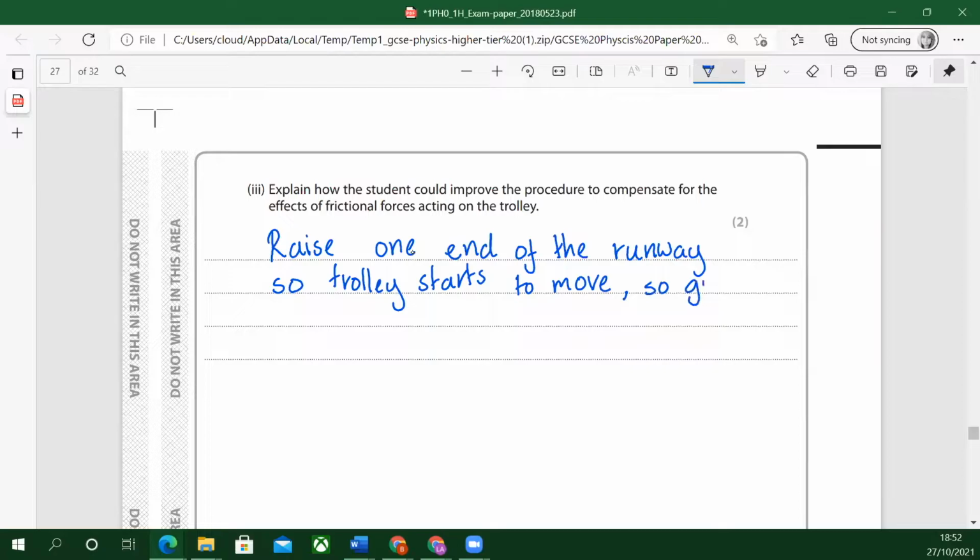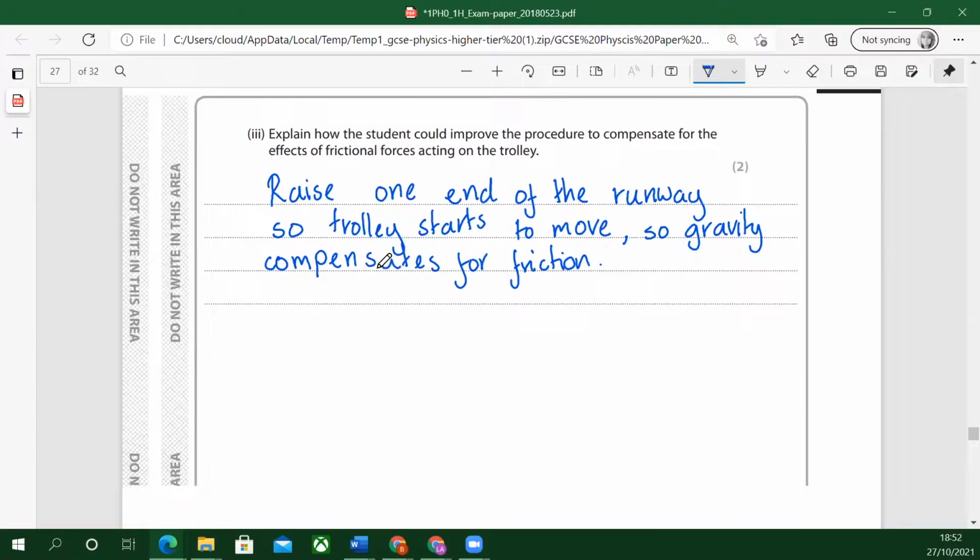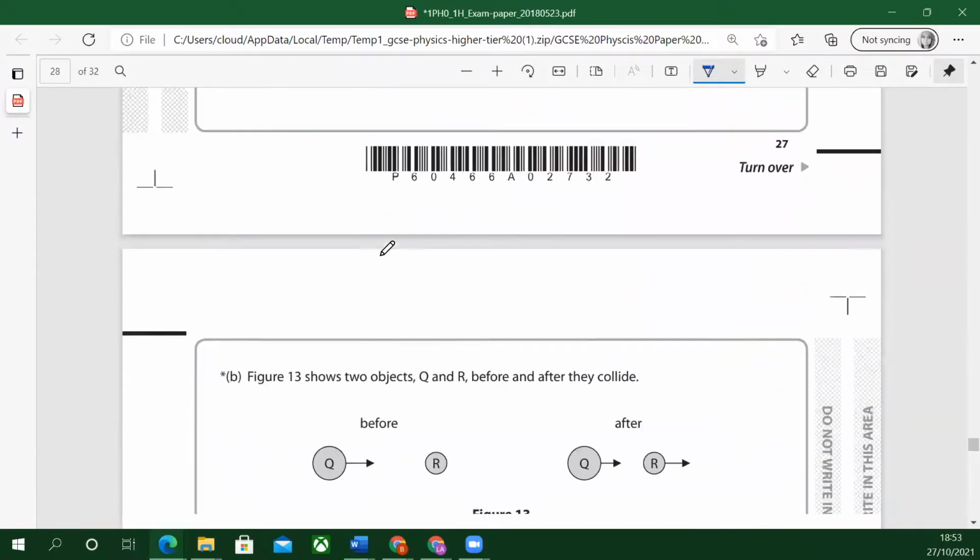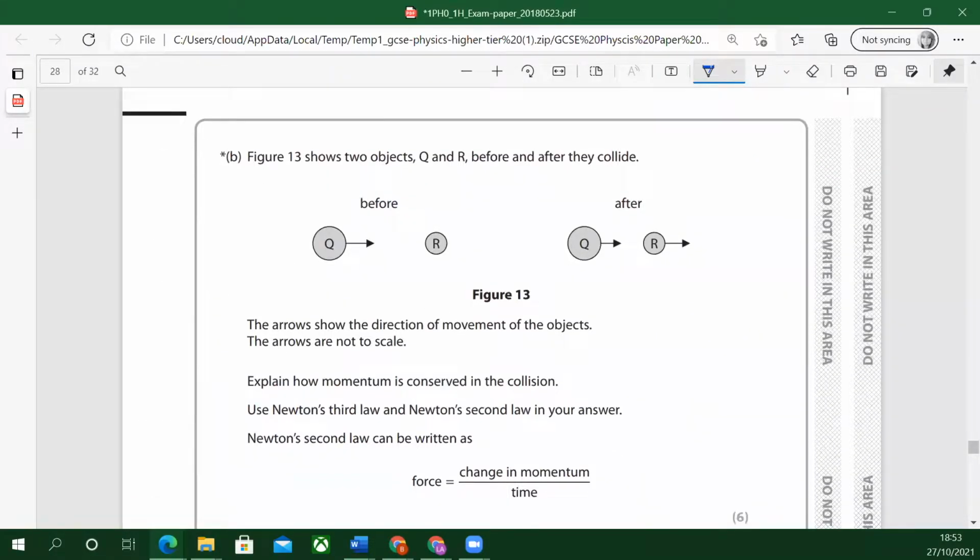You might have done this in class. You raise one end first of all, so that gravity compensates for friction, so it overcomes it. Let's do the next thing.